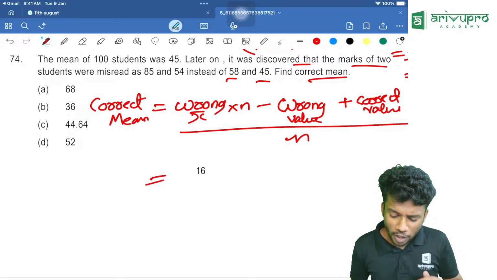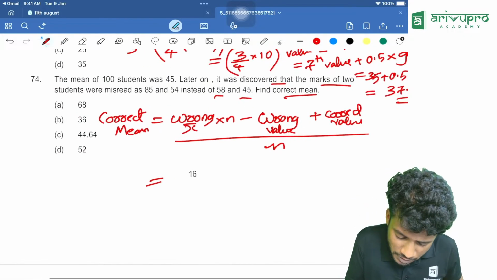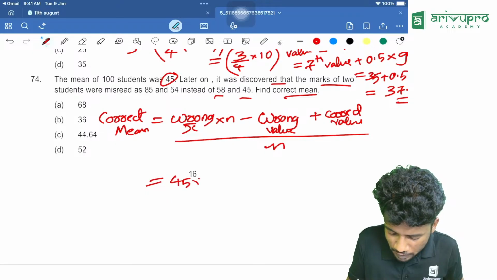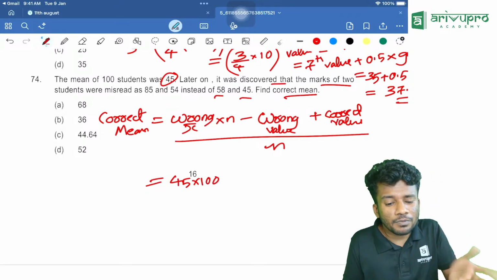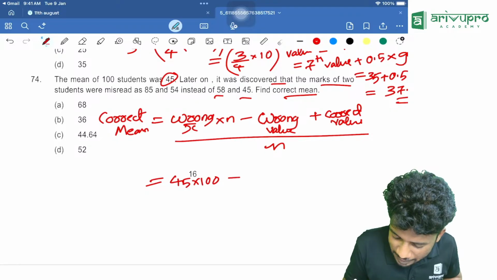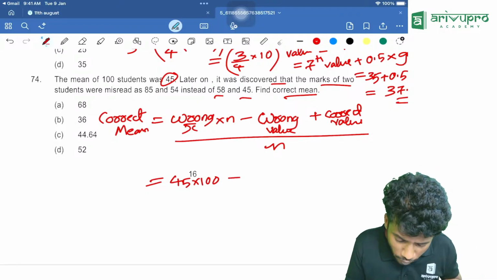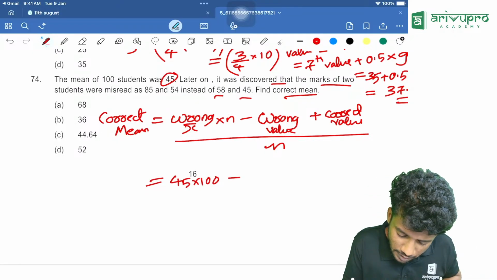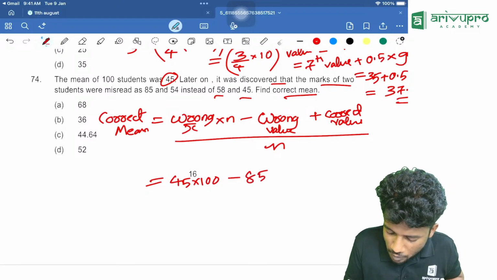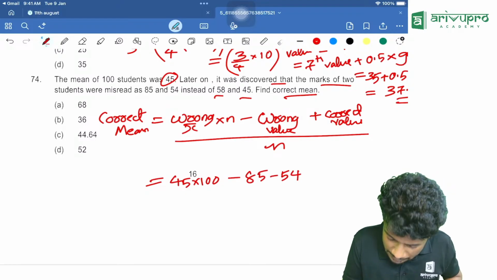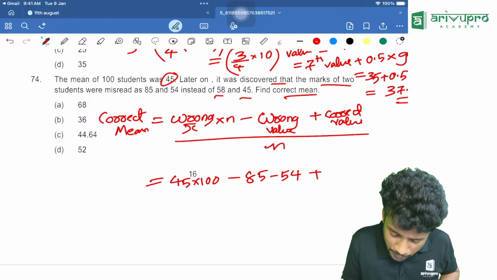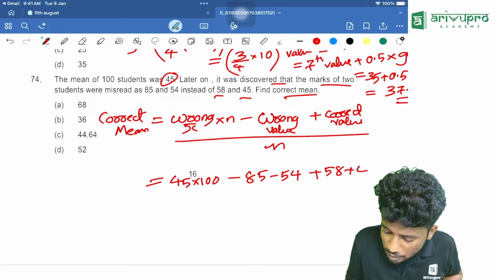Now look here, the wrong mean is 45. So 45 into 100 is the wrong sum. From that we are reducing the wrong values, which are 85 and 54, then adding the correct values, 58 and 45.